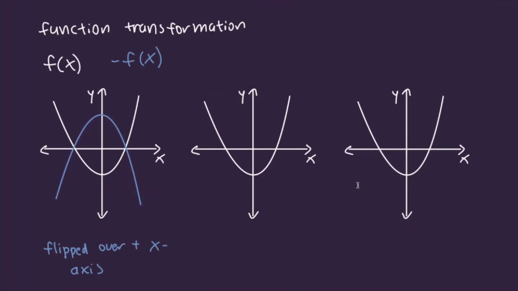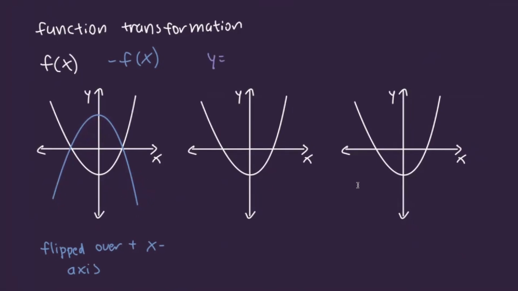Now, what if you're adding a value, a, to f of x? If you're adding a value, then your graph shifts up. If you're subtracting a, then your graph will shift down a values.